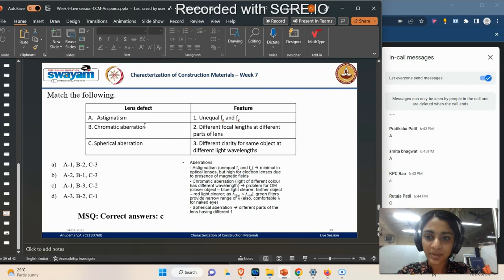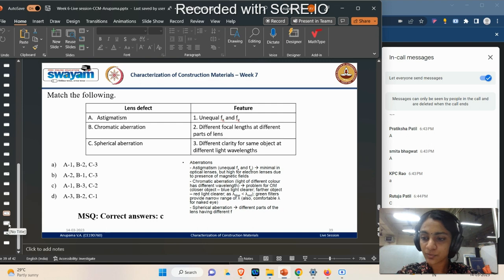So that can be correlated to the third one, that is different clarity for the same object at different light wavelengths. So B3, A1, such that only one option is there. Now spherical aberration means that at different points of the lens you can find different focal lengths. They are not the same. So the correct answer is option C.